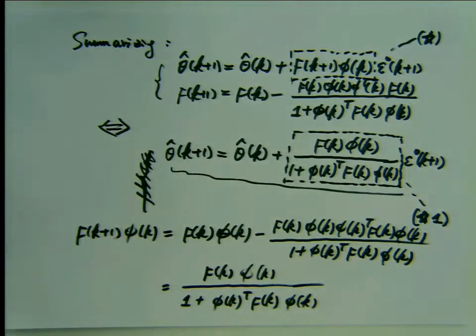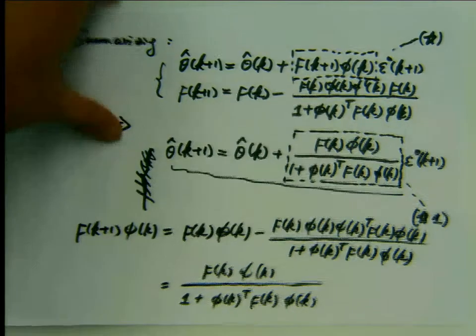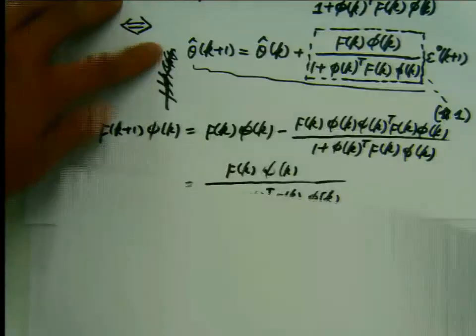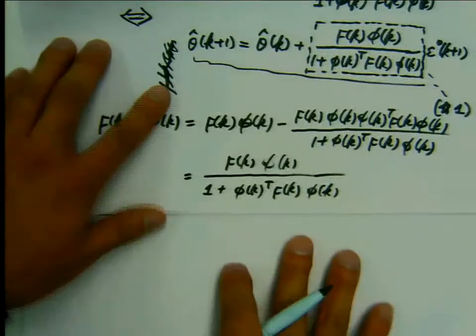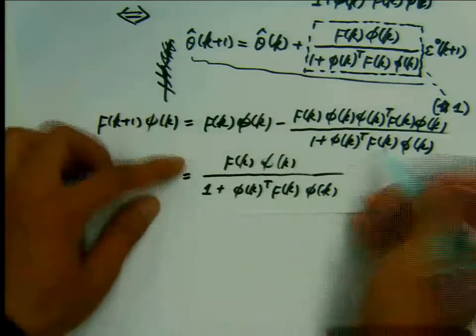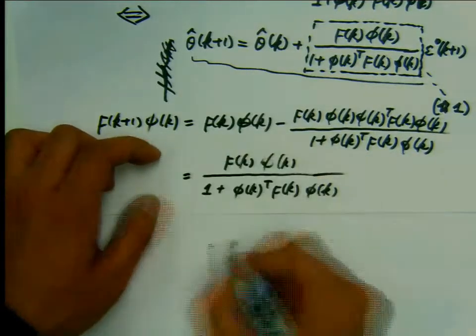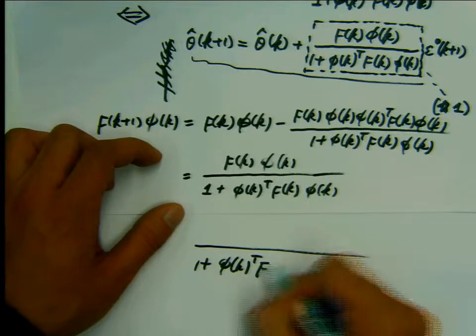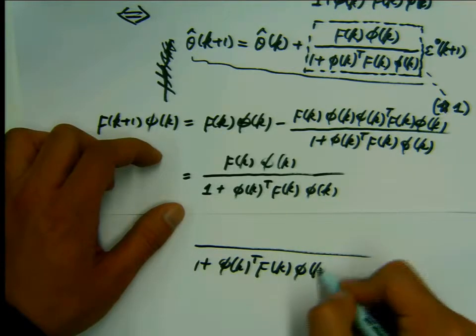Okay? So your proposal is exactly the answer that I was looking for. So it's going to be this guy is equal to 1 plus phi k transpose Fk phi k.